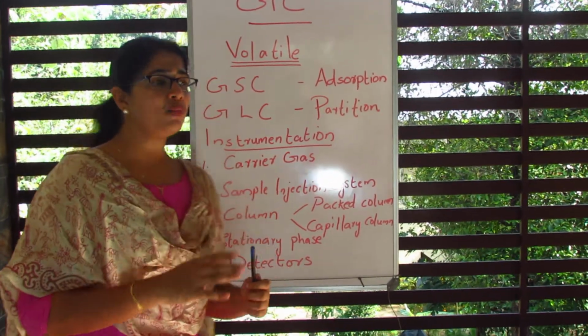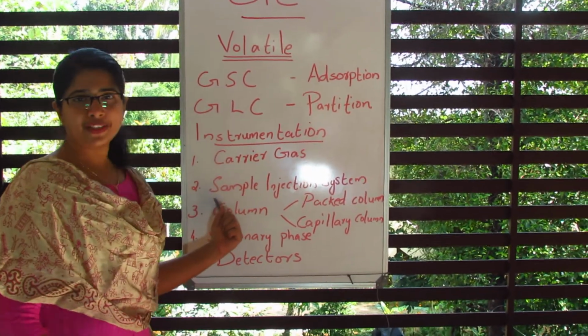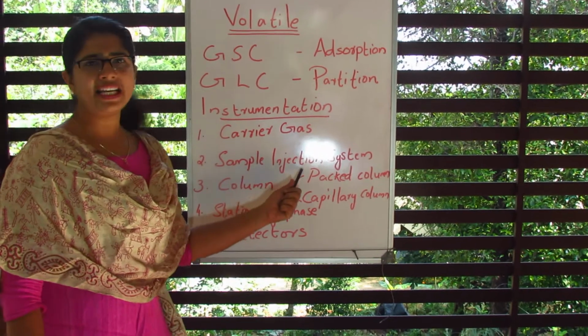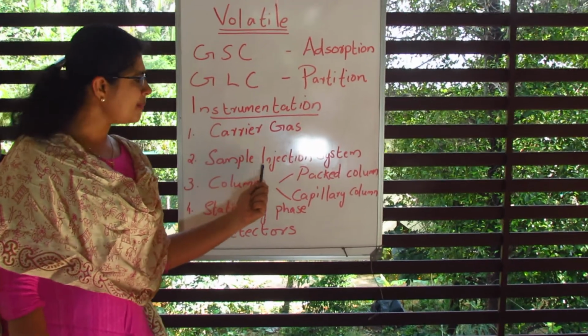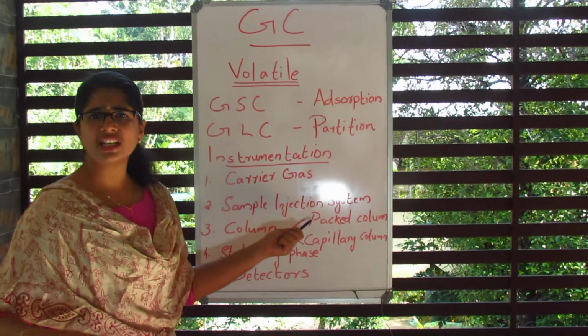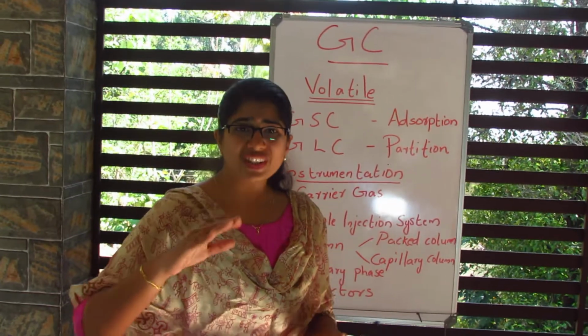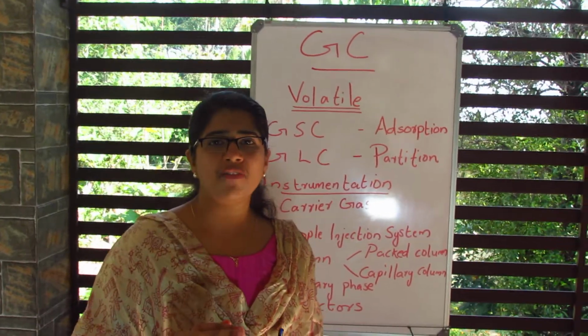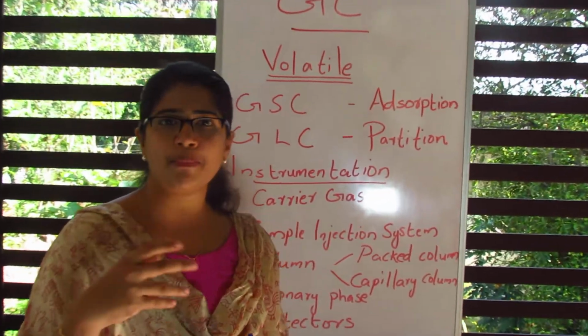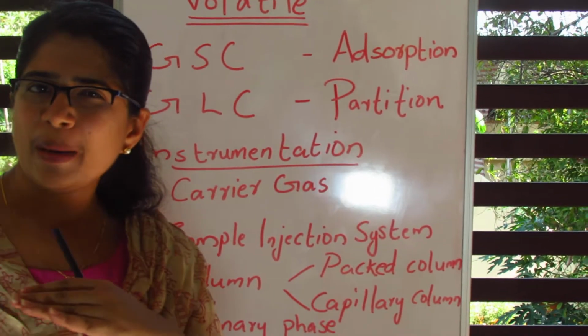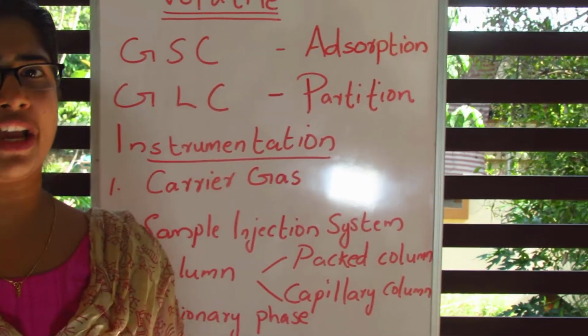Then moving to the second part of GC, it is sample injection system. From the name itself, it indicates that it is actually used for injecting the sample into the system. This injecting of sample can be done with the help of a syringe, which is covered by a silicon rubber diaphragm.